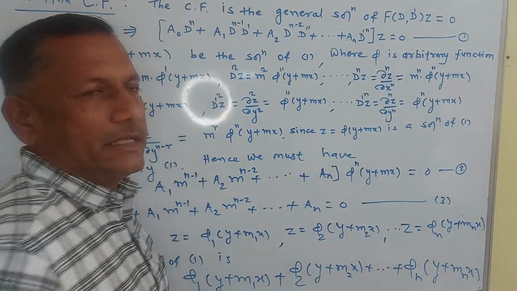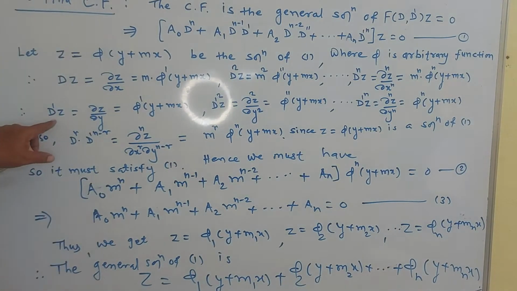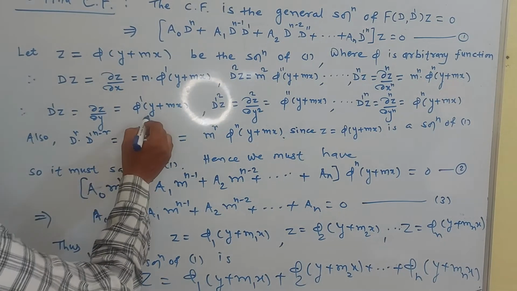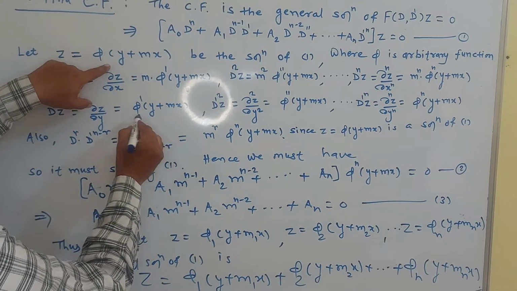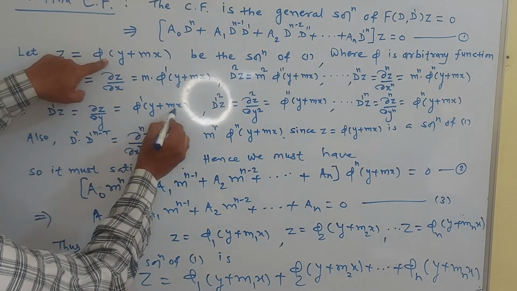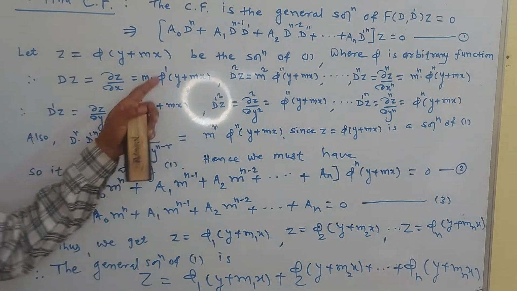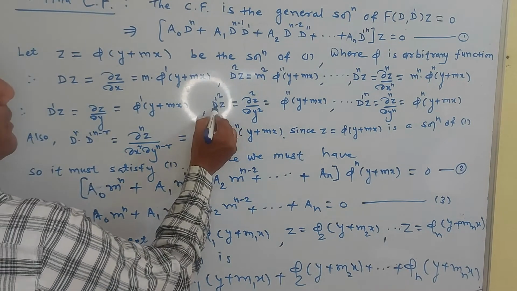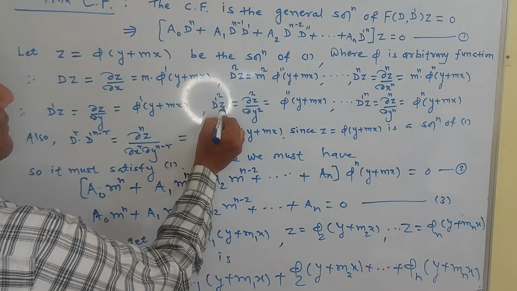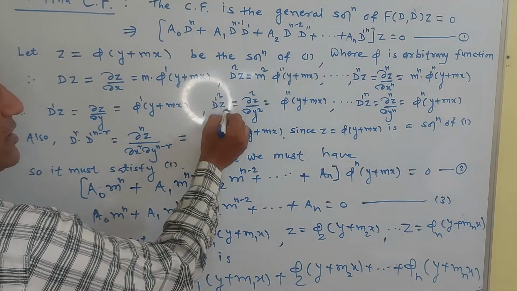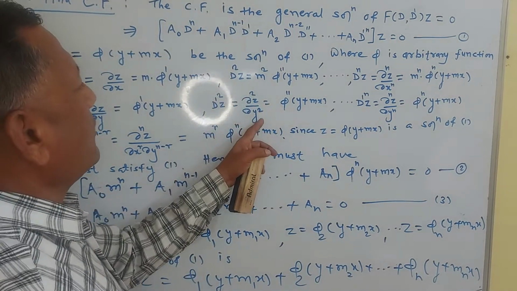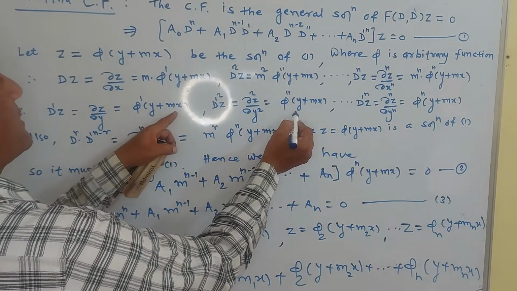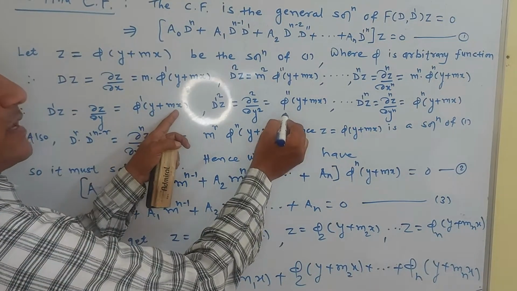Similarly, the partial derivative of z with respect to y means D'z is equal to the derivative of this. Phi is an arbitrary function, so phi'(y + mx) into the derivative of y + mx with respect to y, which is 1. Similarly, D'^2 z is del 2 z by dy square, the derivative of this, phi'(y + mx) into the derivative of y + mx, which is again 1.